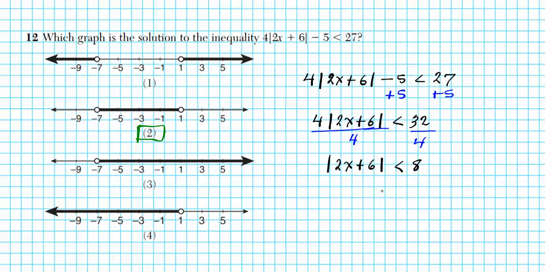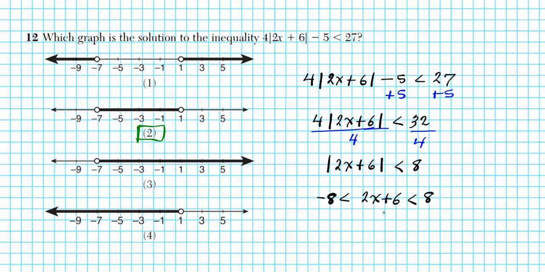Okay, now we're going to write this absolute value inequality as a compound inequality. Anytime you have less than, you can write this as negative 8 less than 2x plus 6 less than 8. All right, so the next goal is to get x isolated. So we're going to be solving this compound inequality with 3 sides simultaneously.